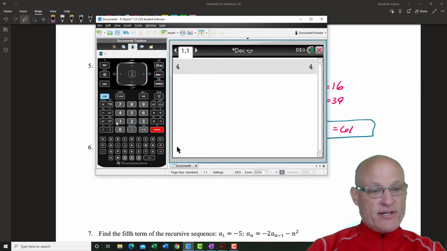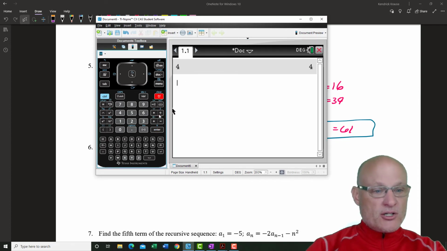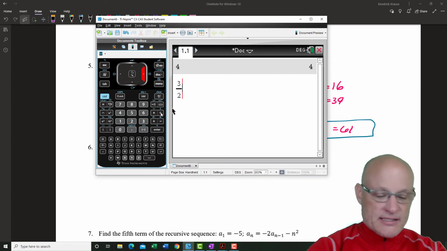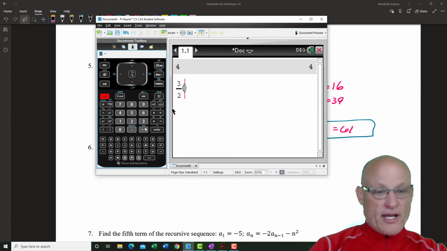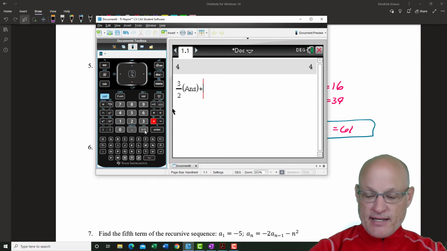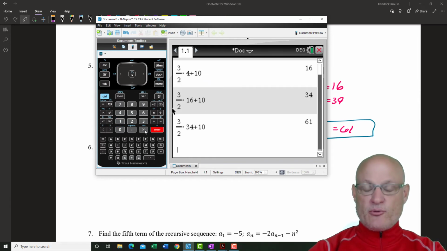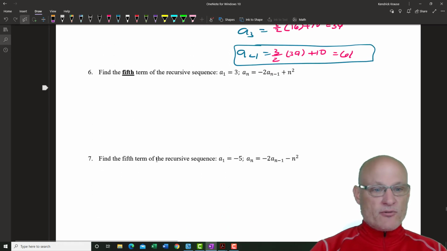And then you're going to say 3/2, so it's control division. 3/2 times the previous term, so that's control answer. And then add 10. And this will check your work. 16, good. 34, good. 61, good. There it is. Done.